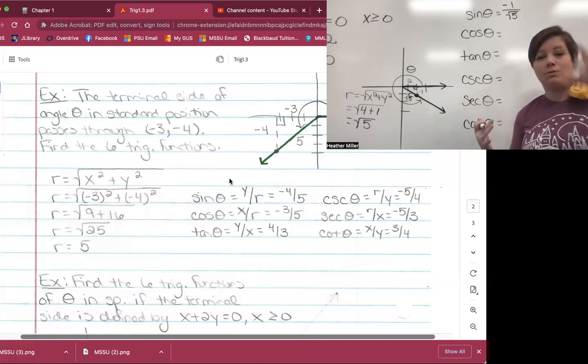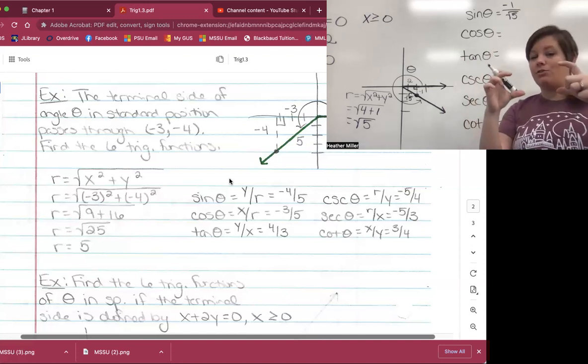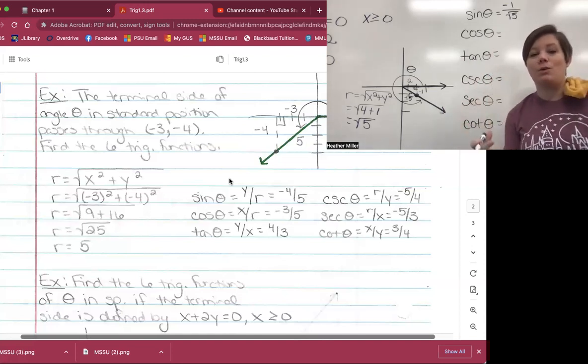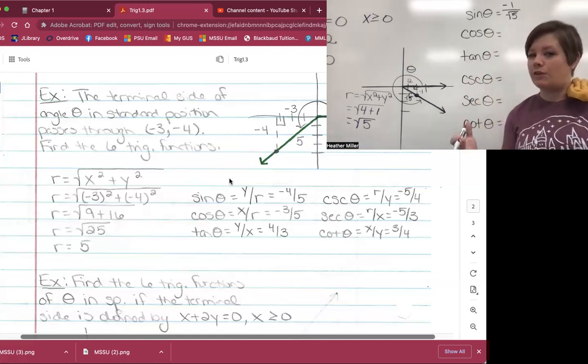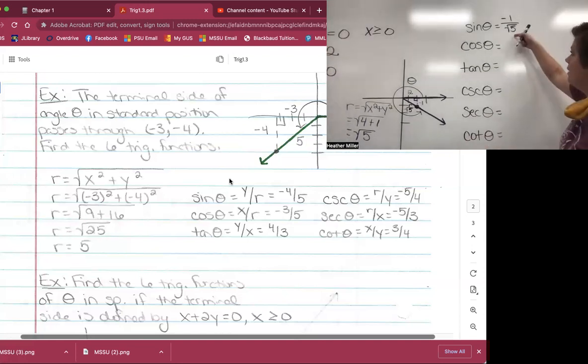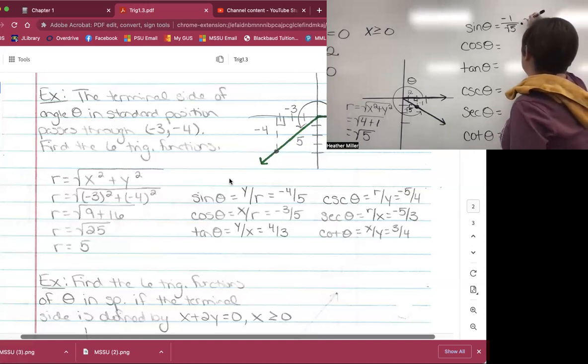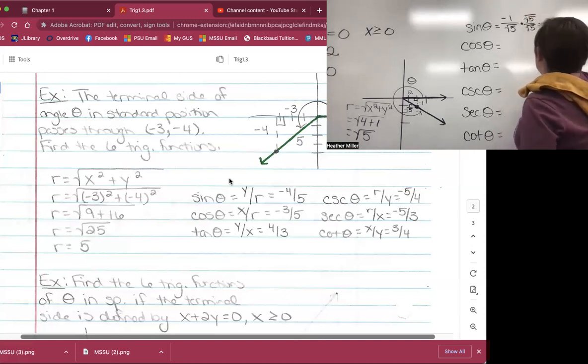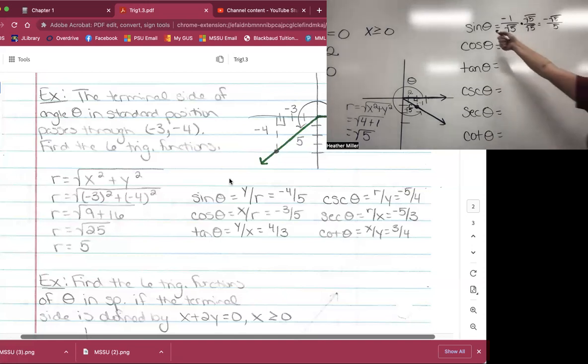And when we multiply the radical 5 by radical 5, what happens is we get radical 25, which is just 5. So we have to multiply top and bottom by radical 5, meaning we have negative radical 5 all over 5 is the value for sine theta.